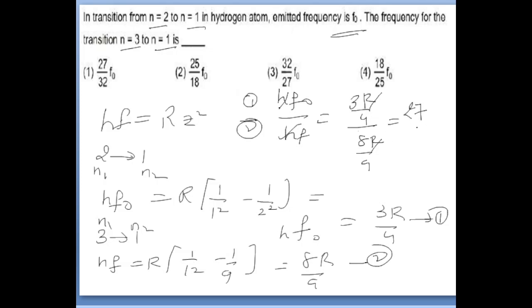So 27 in the numerator, and 8 into 4 is 32. So what is your new frequency? The new frequency is asked, right? By cross multiplication, f equals 32 by 27 f naught. Option 3 is your answer.